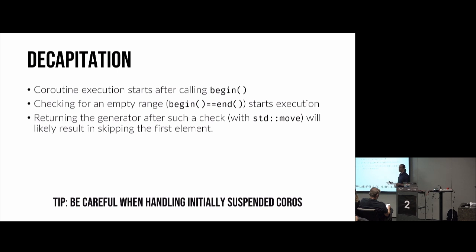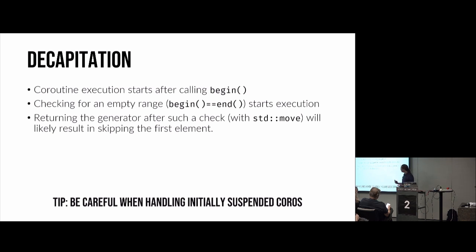It's initially suspended. And we have to be very, very careful what we're actually going to do with this particular object. Because let's say we want to create a generator and indicate that it's empty, maybe indicate the creation error by creating an empty iterator.